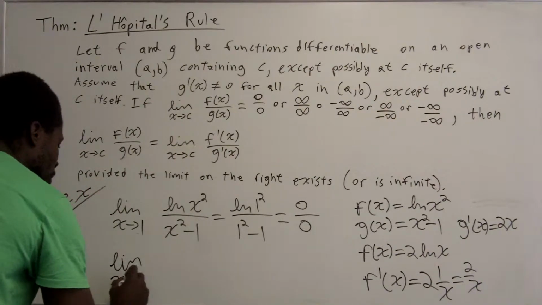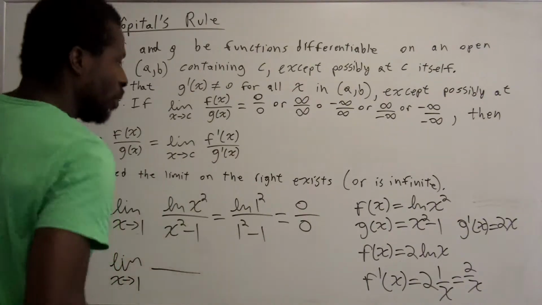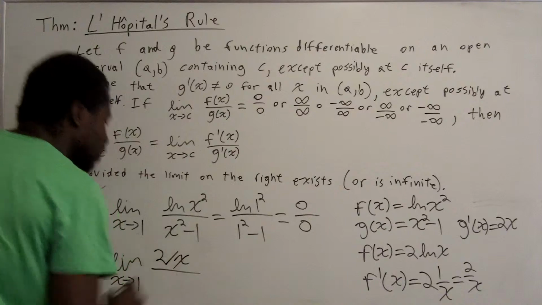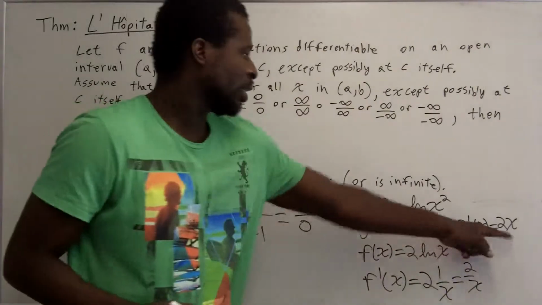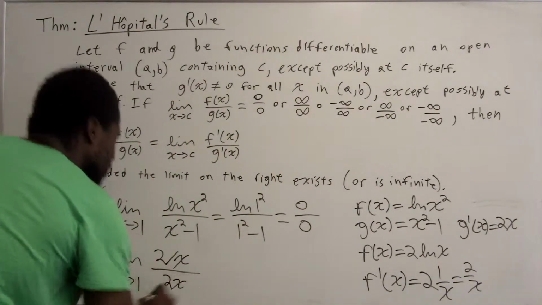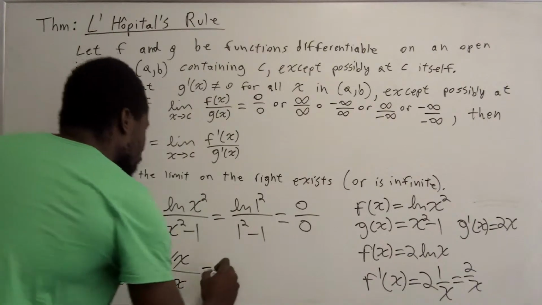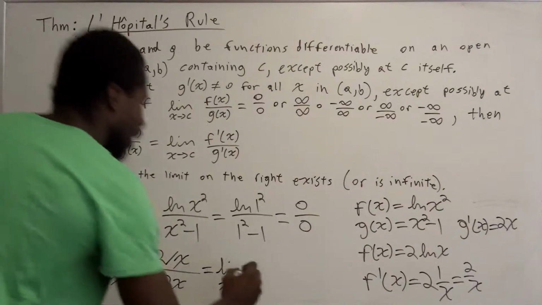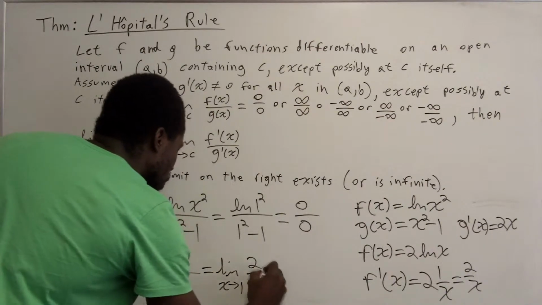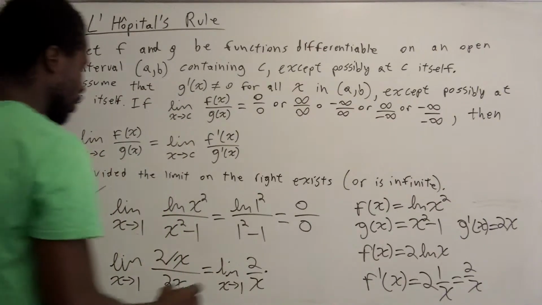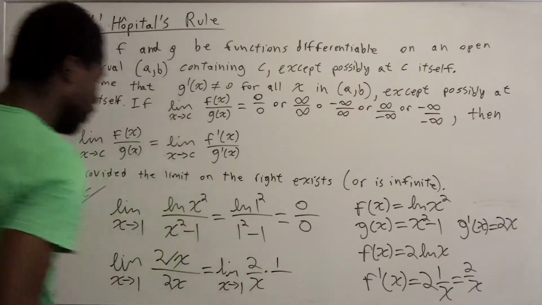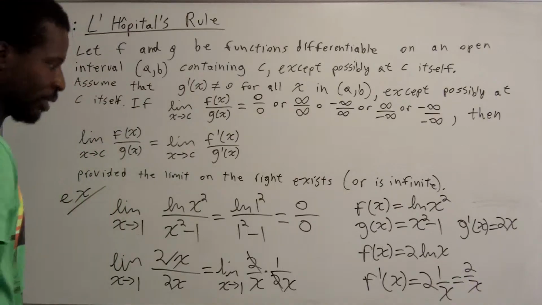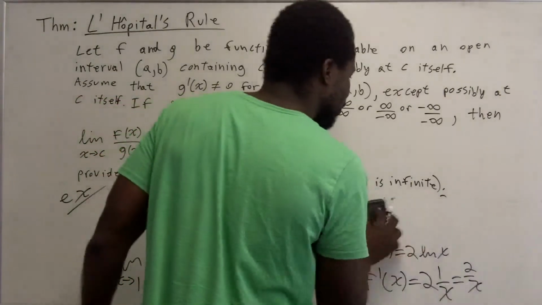The limit as x approaches 1 of f prime of x, the numerator, which is 2 over x, over g prime of x, which is 2x. That is equal to the limit as x approaches 1 of 2 over x multiplied by the reciprocal, 1 over 2x. The 2's cancel out.